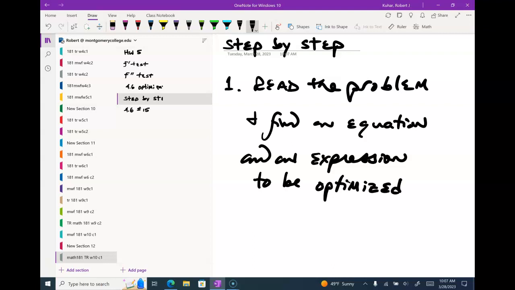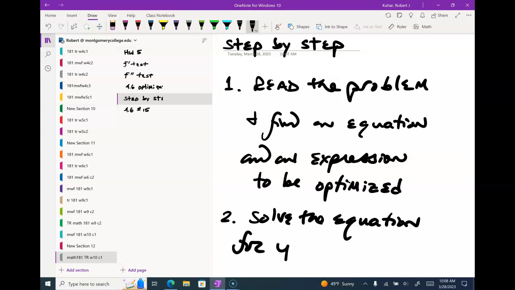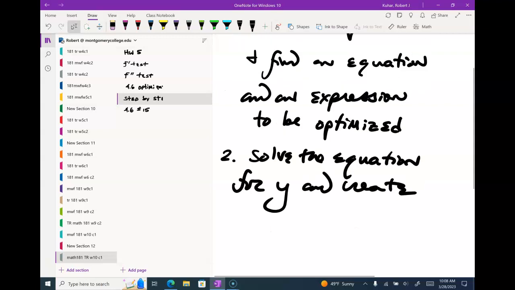And that expression will be in x and y, or whatever two variables you choose to deal with, right? Step 2, solve the equation for y and create a function of x with the expression, right? Solve the equation for y and create a function of x.